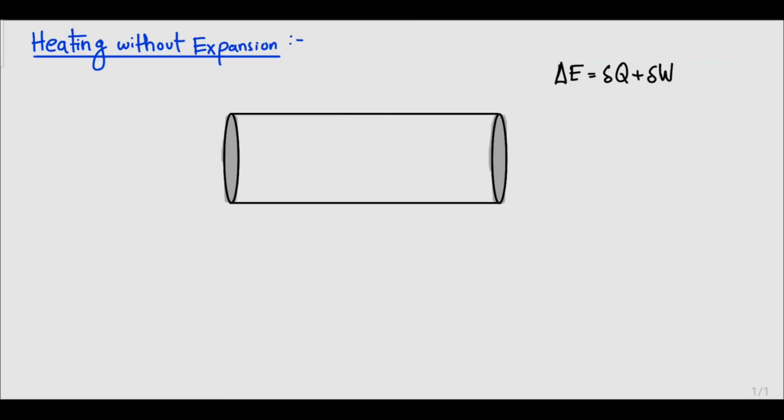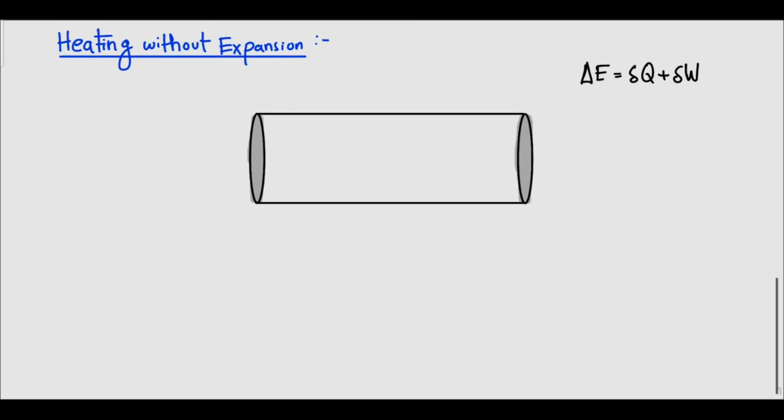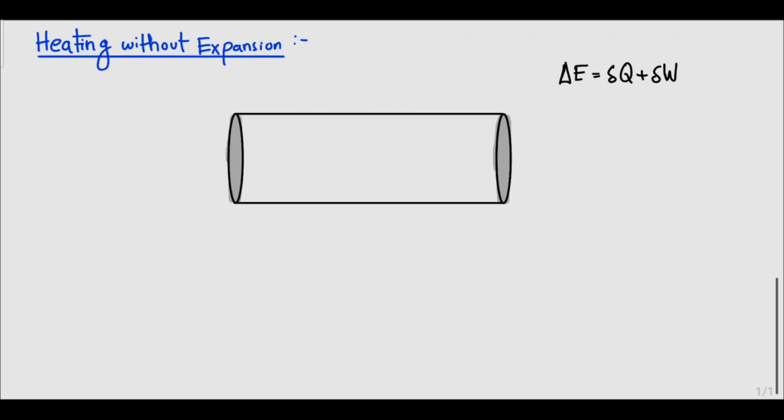So if we now take a cylinder or some kind of solid body whereby the ends are totally blocked, so there cannot be any change of volume, any kind of change of pressure. Rather, there will only be an exchange of heat through the walls.